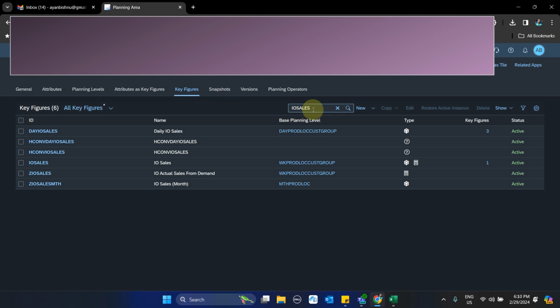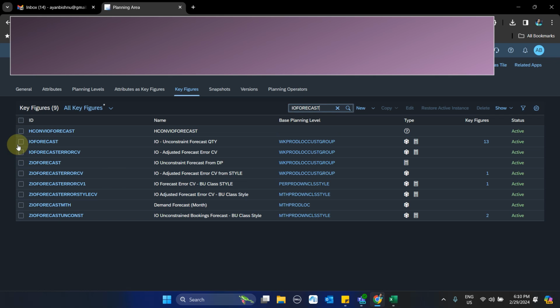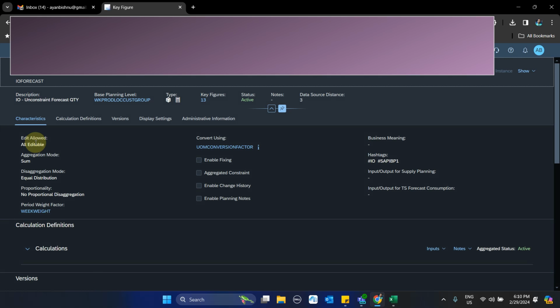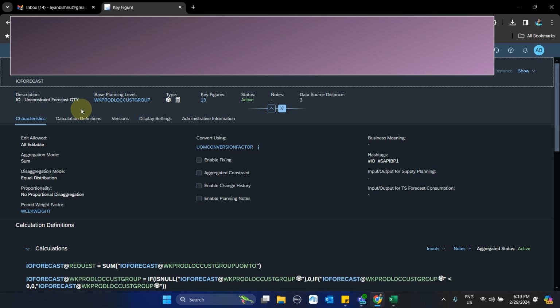Similarly, like IO cells, I have one more key figure called IO forecast. This is the key figure which is supposed to store the forecast not only in the present but also in the past.